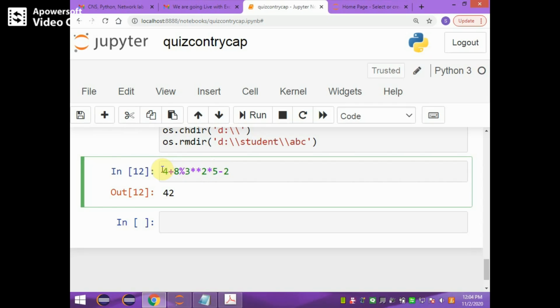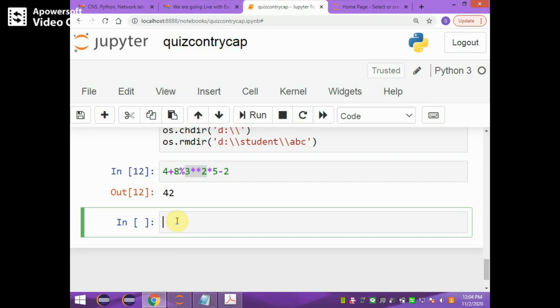According to the hierarchy of operators, we know that the exponent takes the highest precedence. Therefore, first 3 ** 2 will be evaluated, which results in 9. Okay, the result of the first level of solution is 9.